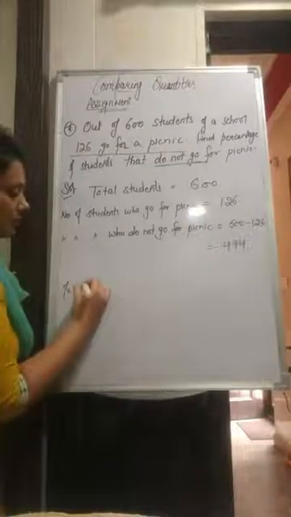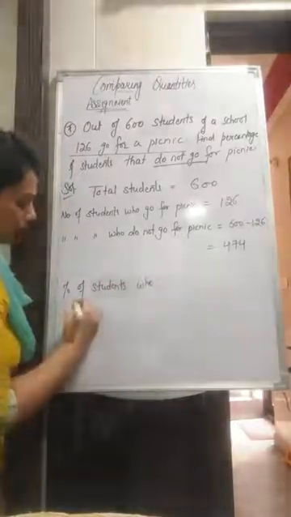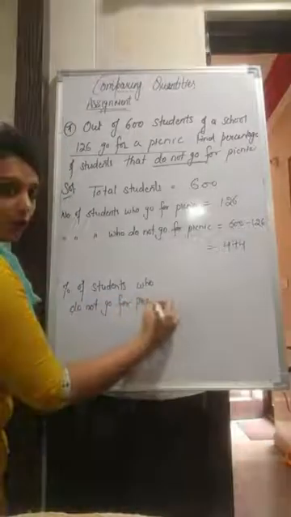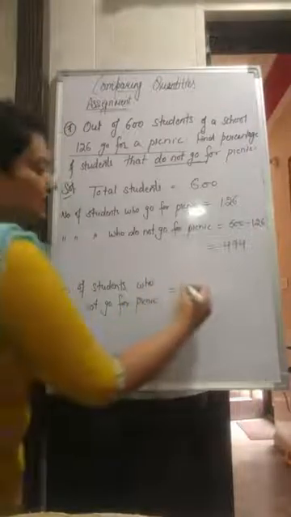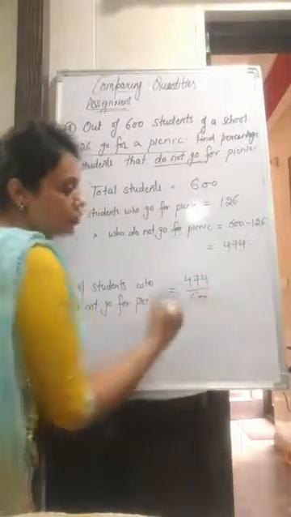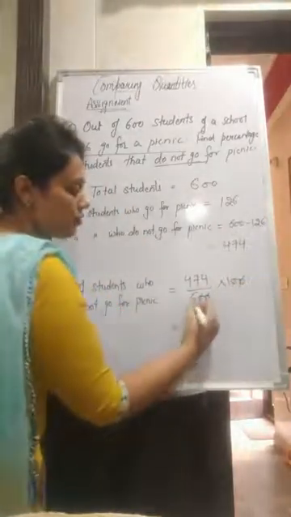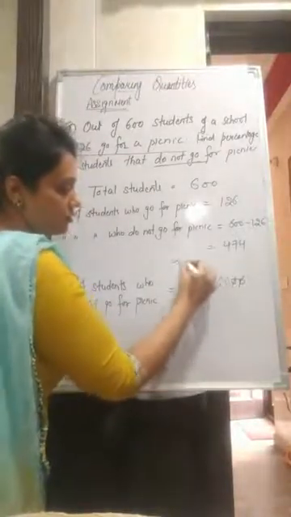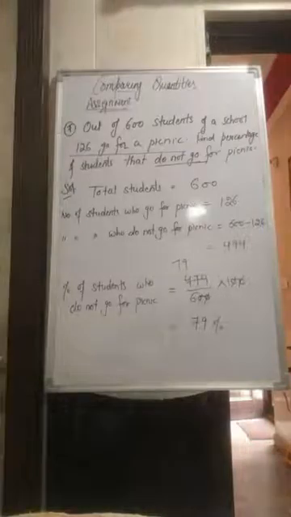The percentage of students who do not go for picnic is the number of students who don't go for picnic, divided by the total, 600, multiplied by 100. So 474 by 6 is 79%. So how many percent of the students don't go for picnic?